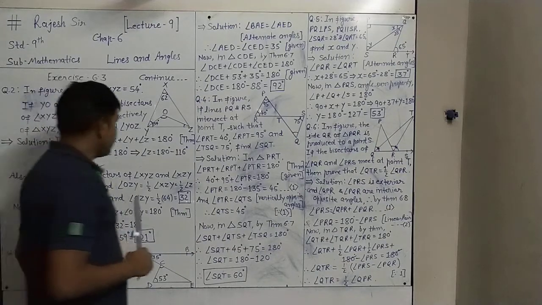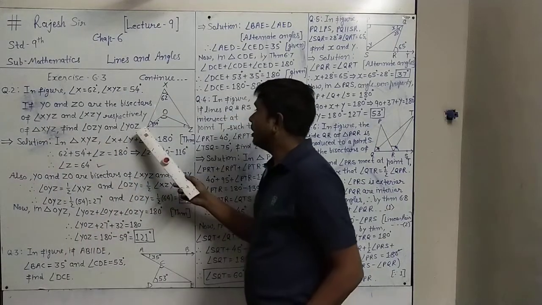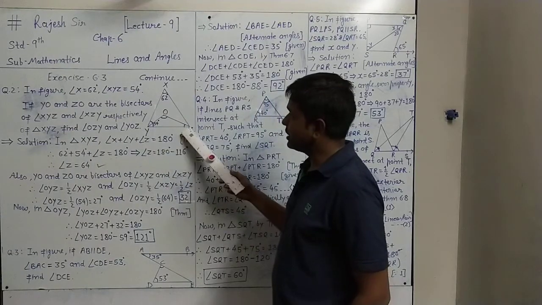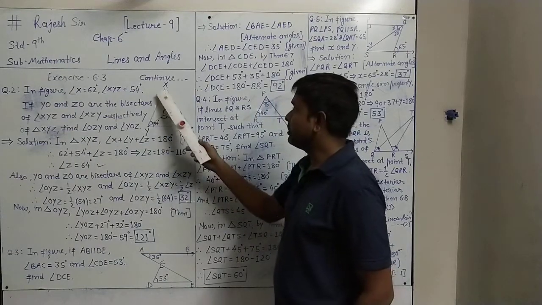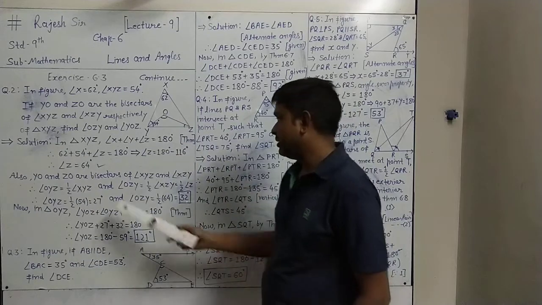Now as given in the question, YO is the bisector of XYZ and ZO is the bisector of XZY.